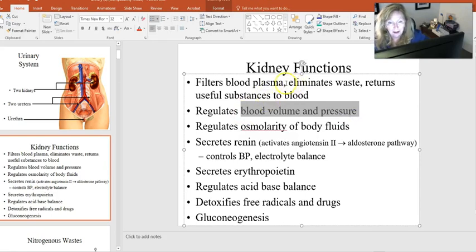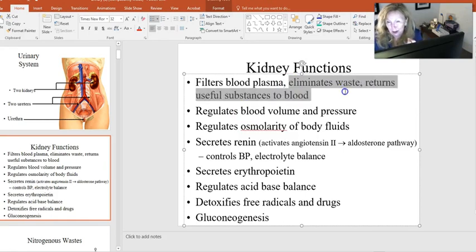And at the same time, it's going to be eliminating waste and keeping the good substances back in the bloodstream. As we learned, blood plasma has predominantly water, but it also has all kinds of other solutes like nutrients and hormones and proteins from the liver like albumin. This is going to have a particular osmolarity. The osmolarity is the percentage of solutes per volume of liquid.